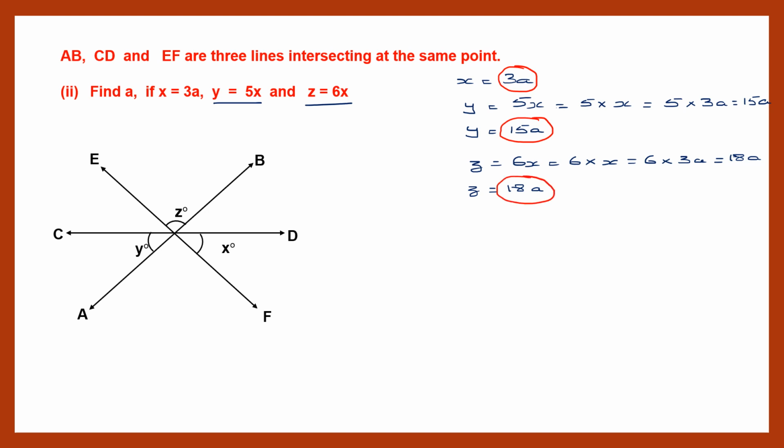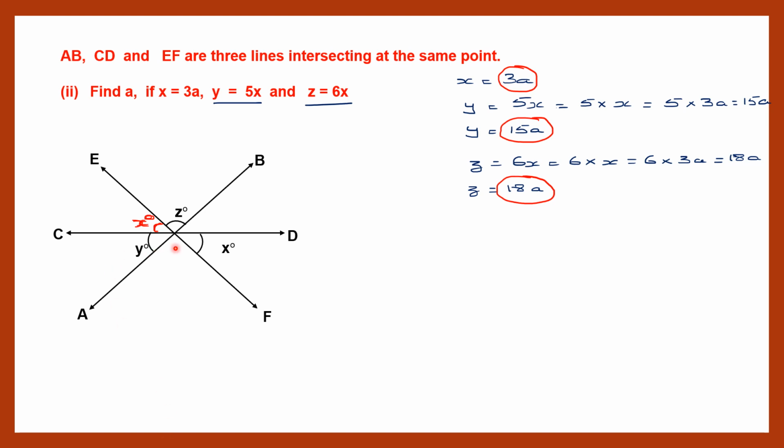Now look at the figure. So here we have y, we have z. What about this angle? Now this will also be x because it's vertically opposite this, isn't it? So this is x degrees. So we have three angles here, x degrees, y degrees and z degrees.